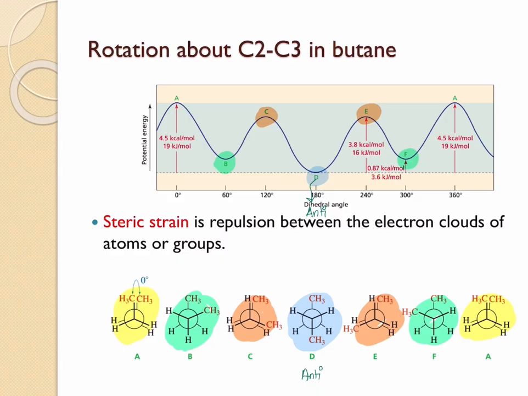So this is the one that's highly unstable, or the one with high energy. Okay, this is the one that's going to have the lowest energy, and therefore this is the one that's going to be more stable. And this is the one that's less stable.